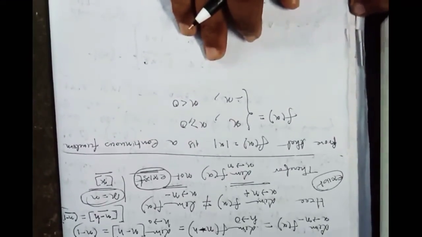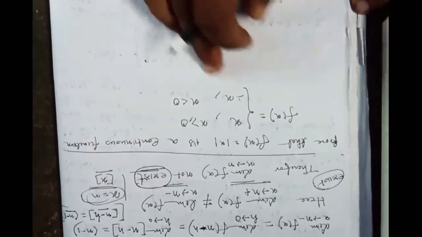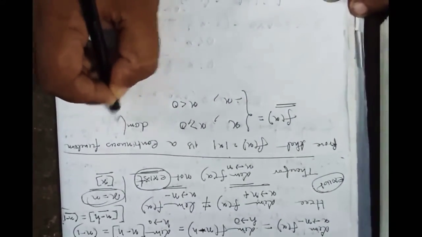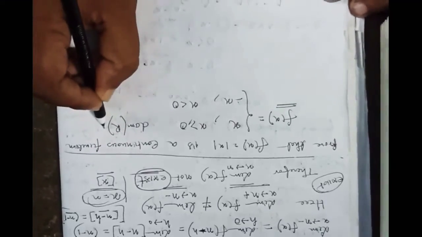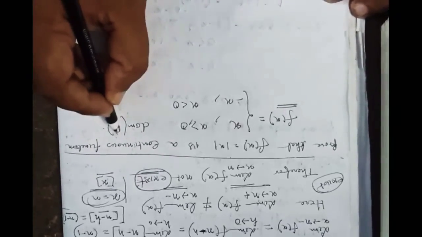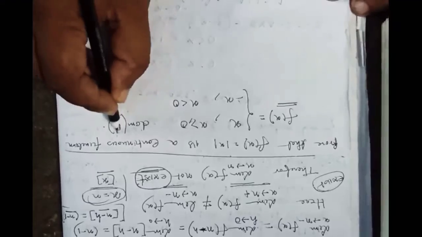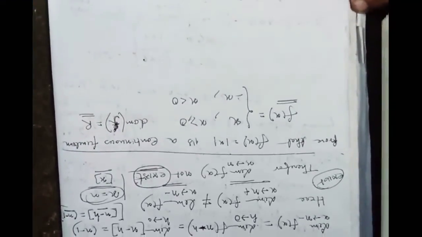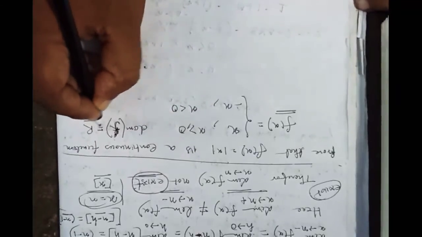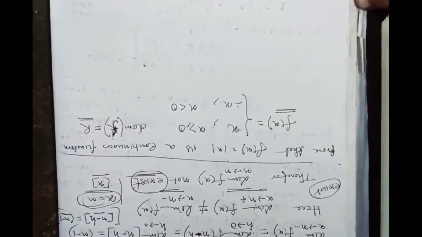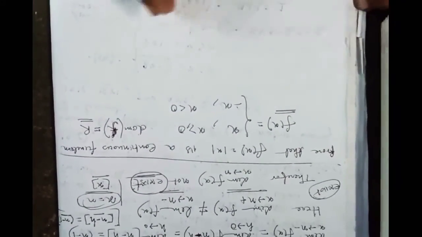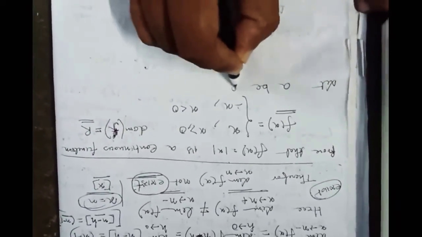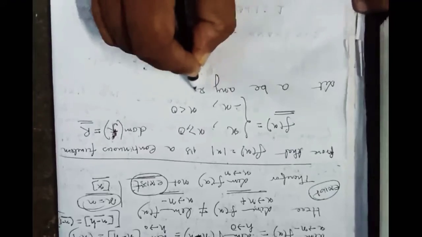Now clearly if we see the domain of f, obviously that should be R, all the real numbers. Understood? Now let a be any real number.